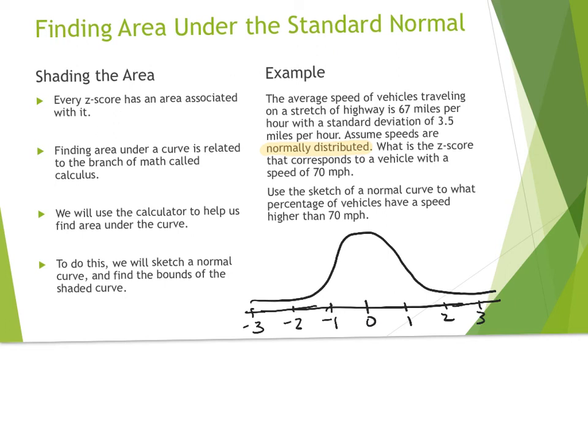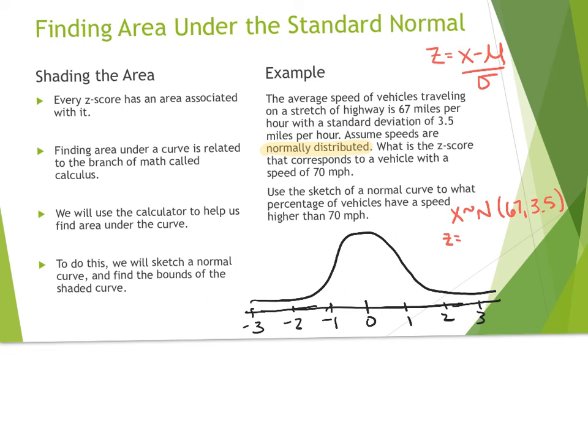The next thing we're going to do is take the information given to us. They tell us that for this particular curve, it's normally distributed with a mean of 67. So we know x follows a normal distribution with a mean of 67 and a standard deviation of 3.5. What I want to do is find the z-score that corresponds to 70 miles per hour. So z is equal to, and again, the z-score formula is z equals x minus mu divided by sigma.